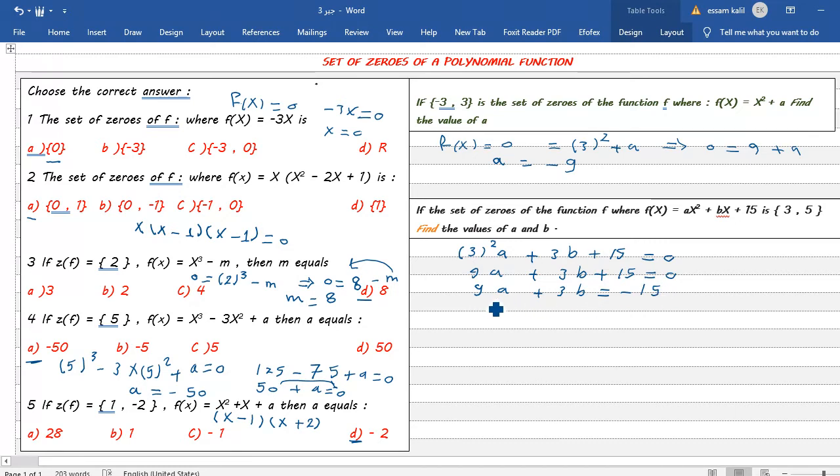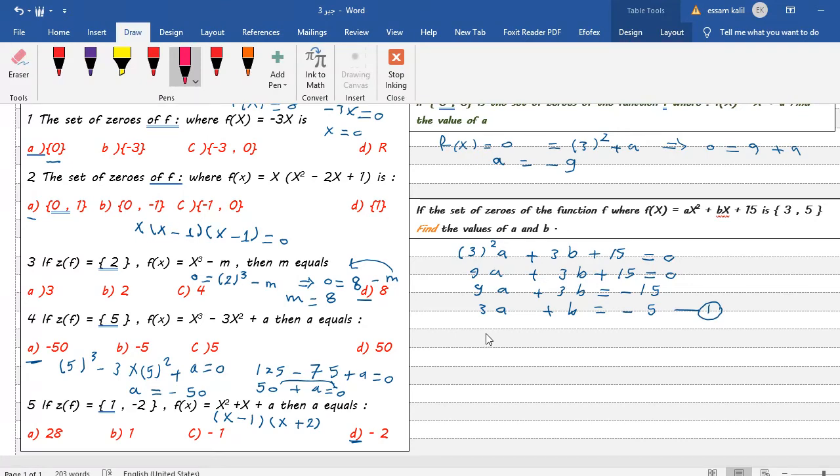Divide all sides by 3, it will become 3a plus b equals negative 5. This is the first equation.